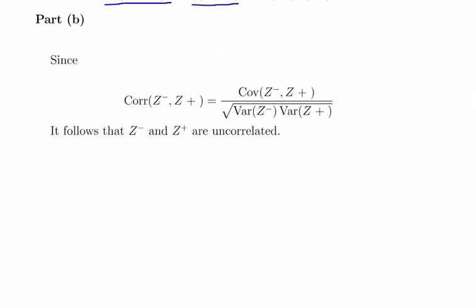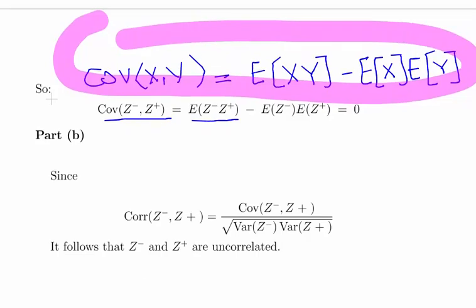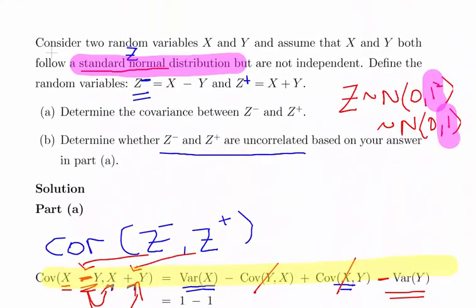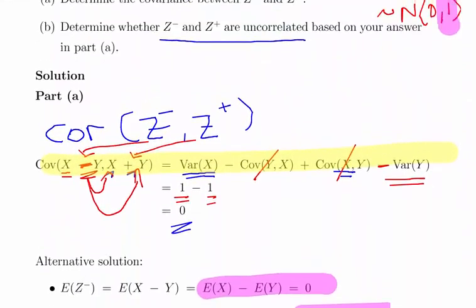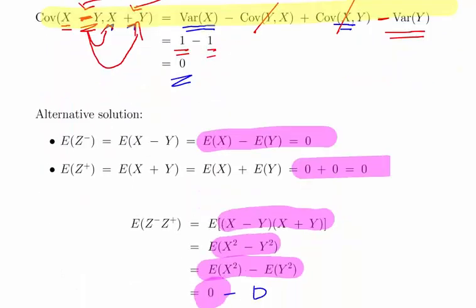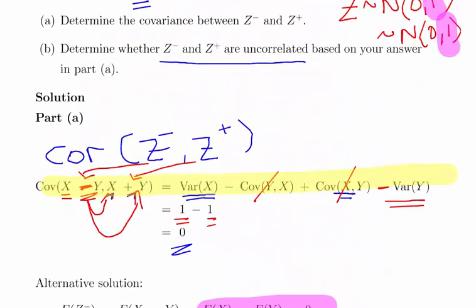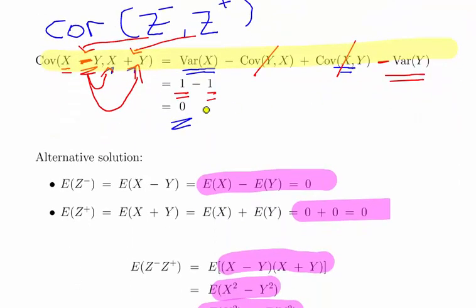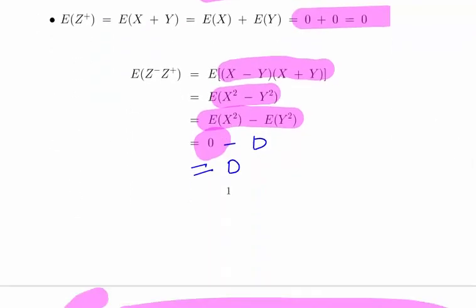Now, show that it's uncorrelated. What was the question? Determine if they're uncorrelated. It's a very straightforward question. In the first part, we were asked to determine the covariance, and we found it to be 0 in two different ways.